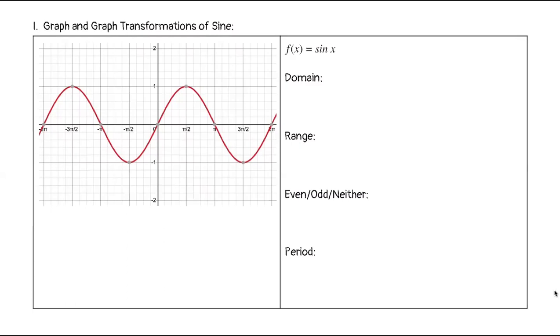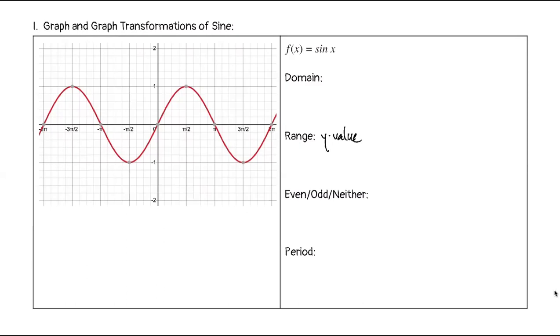let's actually start with the range here. The range, as a reminder to those of you who might have forgotten, is the collection of all possible y values in this function.